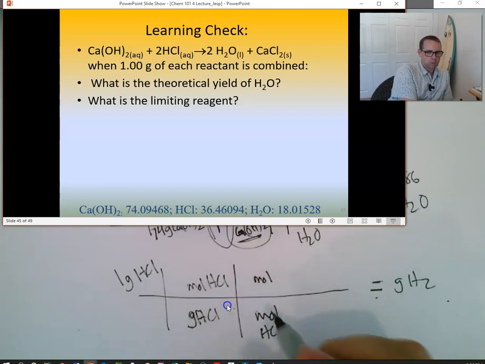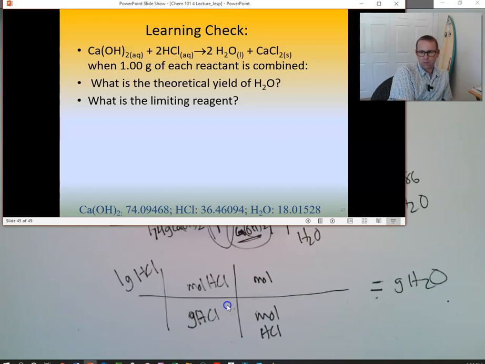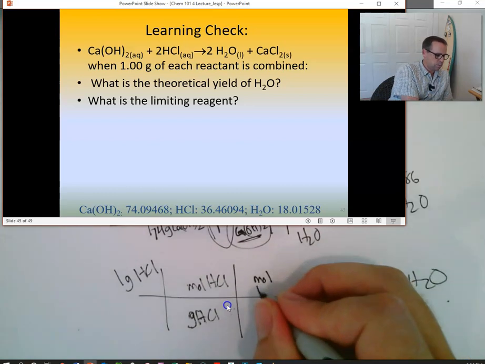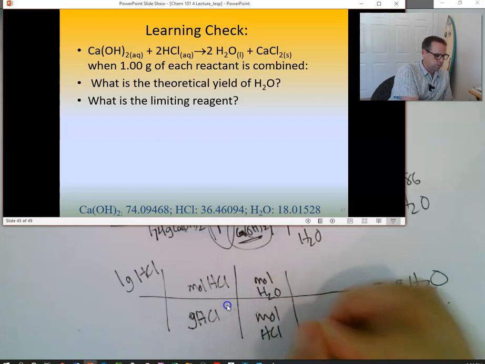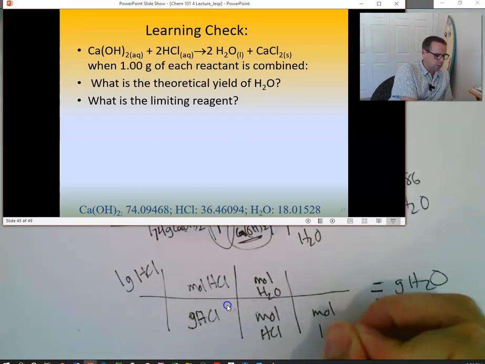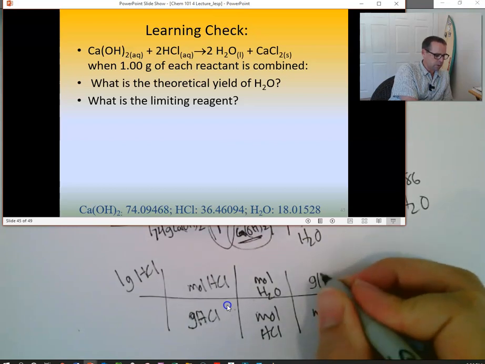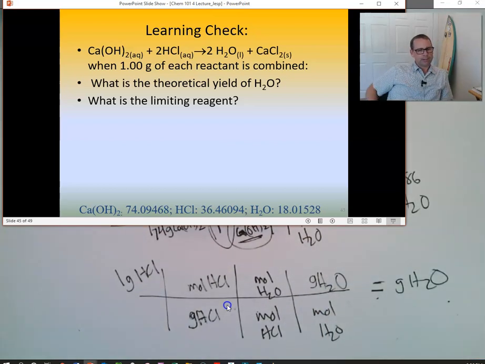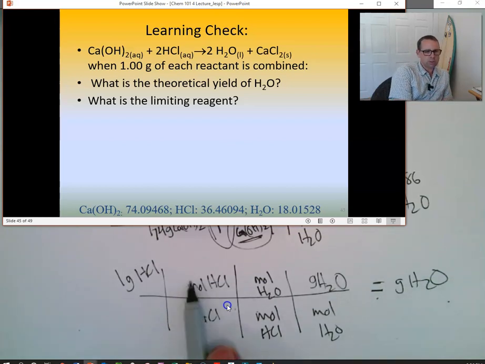To the mole of H2O, water. And then from moles of water to grams of water. What about this? What's grams of HCl to moles of HCl? What values go there?